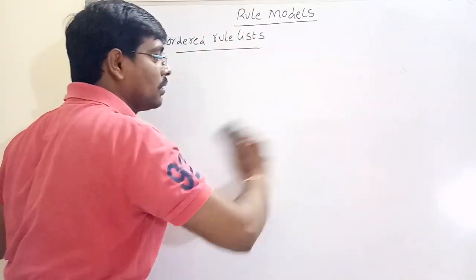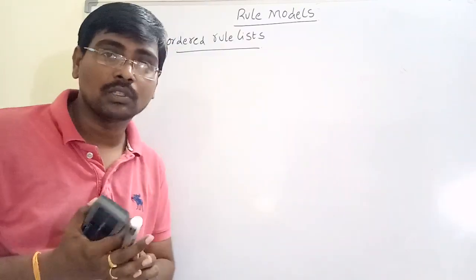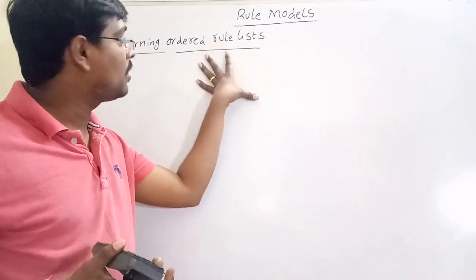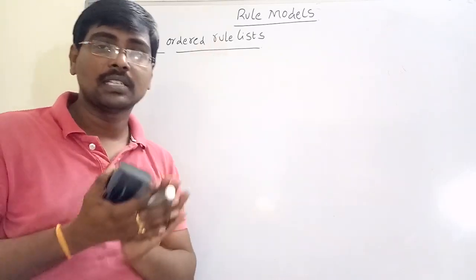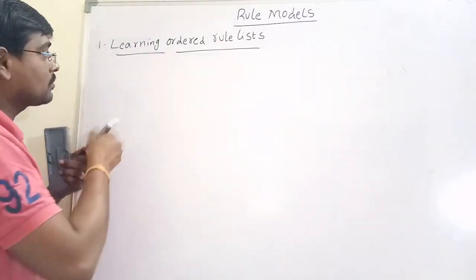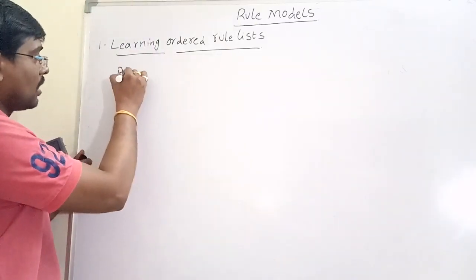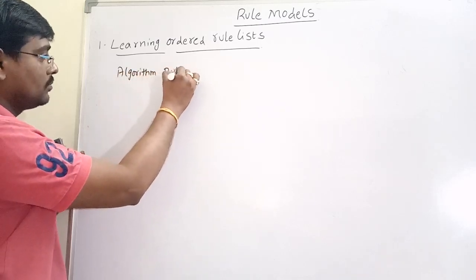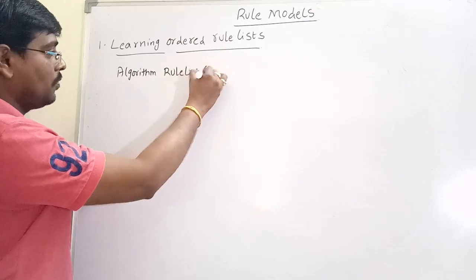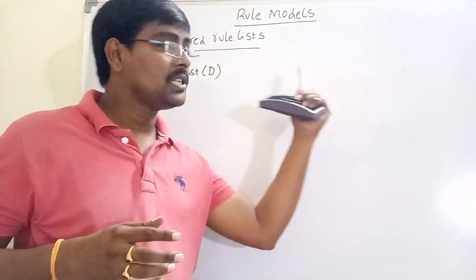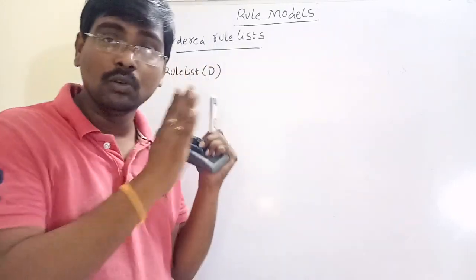Now we have two steps. One is to learn the algorithm of this ordered rule list, and the second one is an example. First, to create the algorithm. Suppose the algorithm is RuleList of D, where D is the set of instances, similar to decision trees.